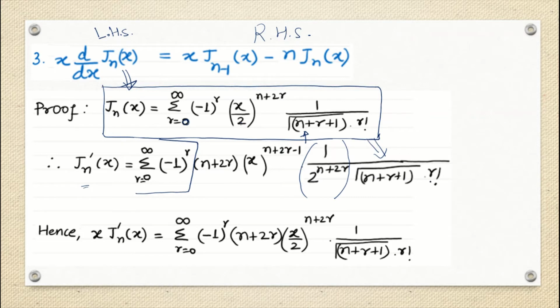Likewise 1 by gamma(n+r+1) and factorial r are constant. Only d/dx of x^{n+2r} changes, giving (n+2r) x^{n+2r-1}. Only this change we have made here. Now this much we are done with, and next they are asking us to multiply by x here.